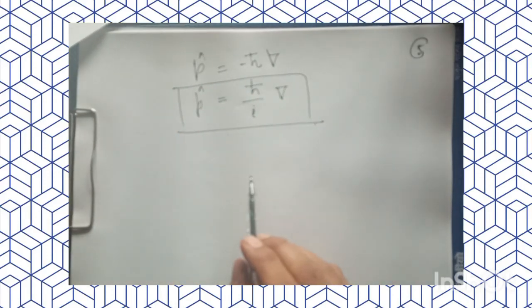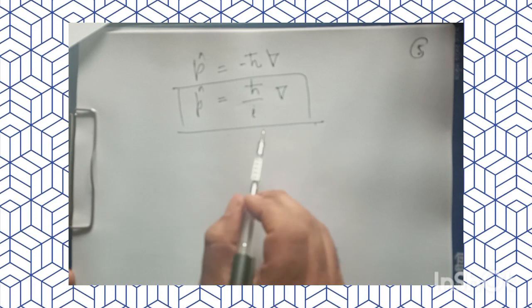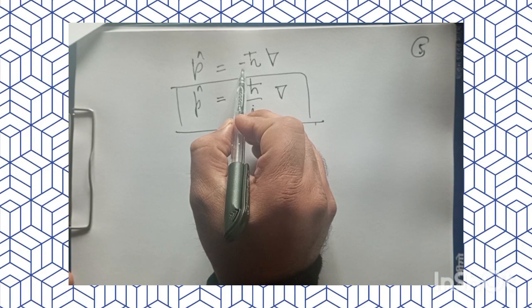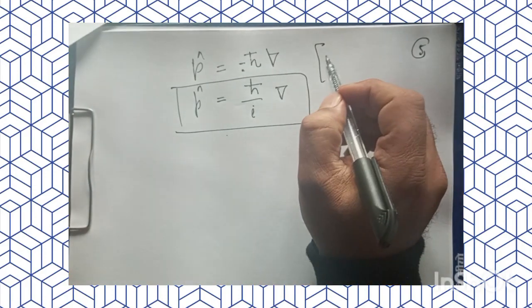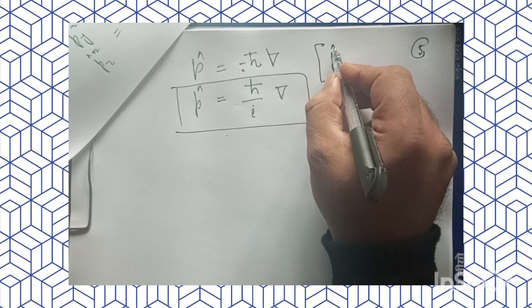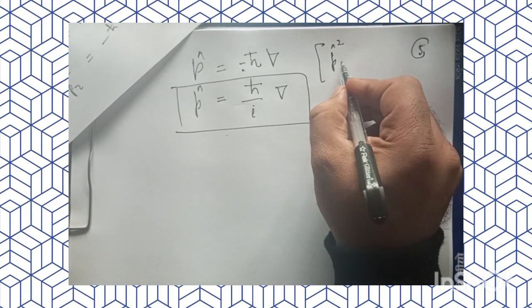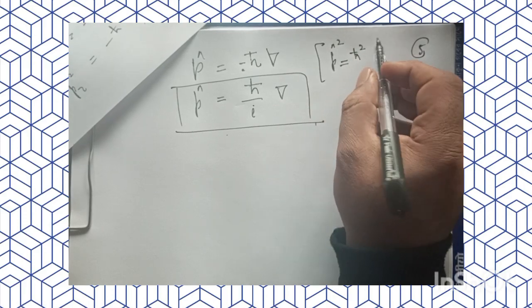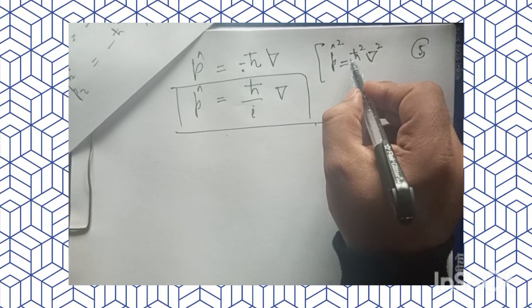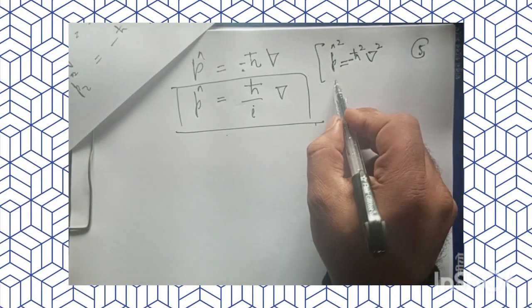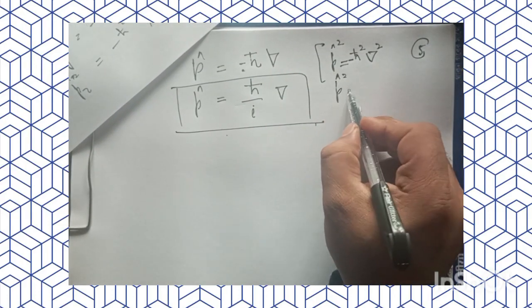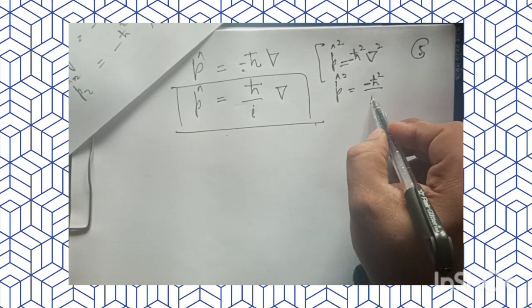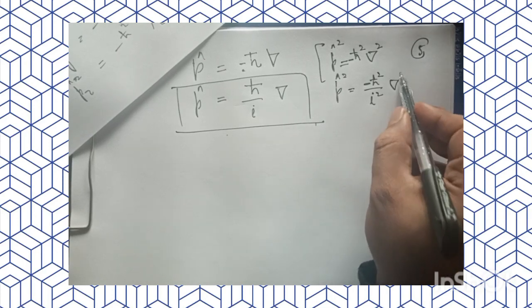So from here we can basically represent this equation. Where is the original equation? That is P operator square is equal to minus h cross square del square. It's minus, right? So I can think of using P square as h cross square divided by iota square del square.